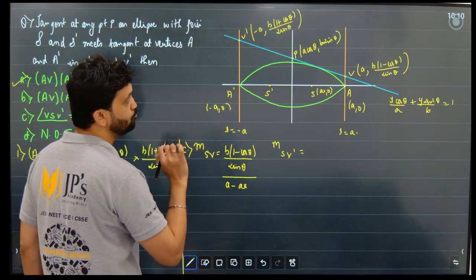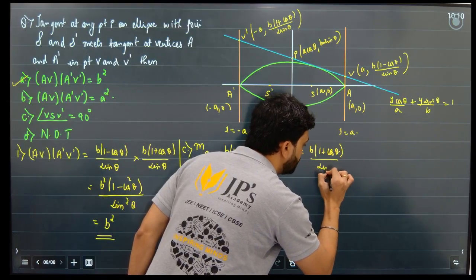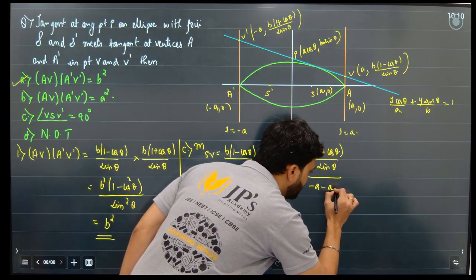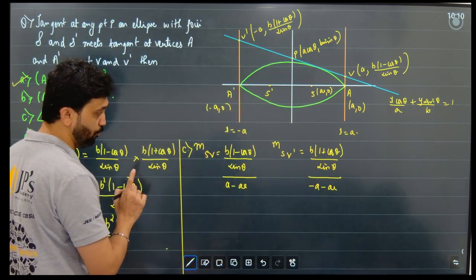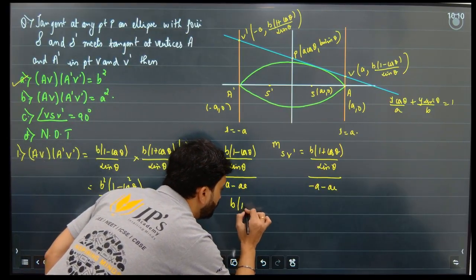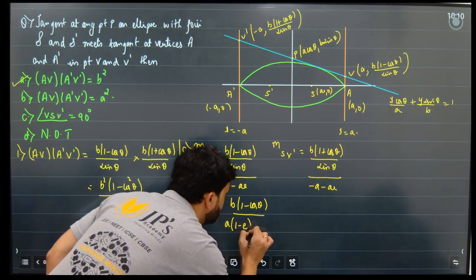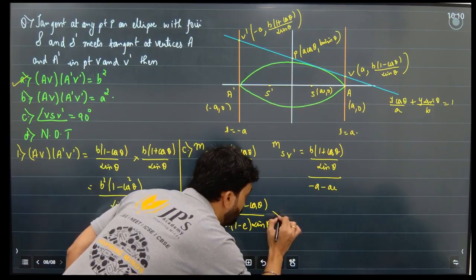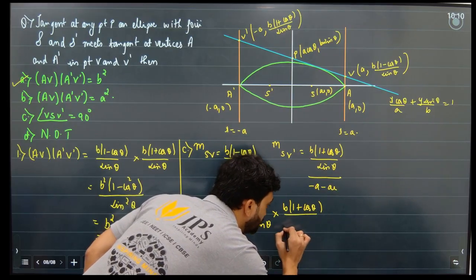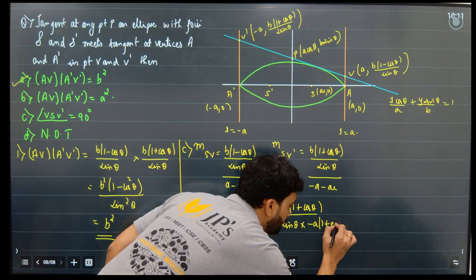Again, y2 minus y1, b into 1 plus cos theta upon sin theta, y2 minus y1 upon x2 minus x1, minus a, and guys, if I multiply them both, I'll get b into 1 minus cos theta upon a into 1 minus e sin theta multiplied by b into 1 plus cos theta upon sin theta into minus a 1 plus e.